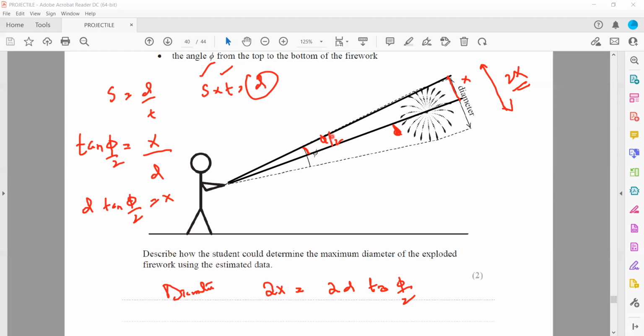So using phi by 2 and the distance, we work out the radius, and the diameter is twice the radius, so 2r or 2x is equal to the diameter. Is it clear? Yes, sir.